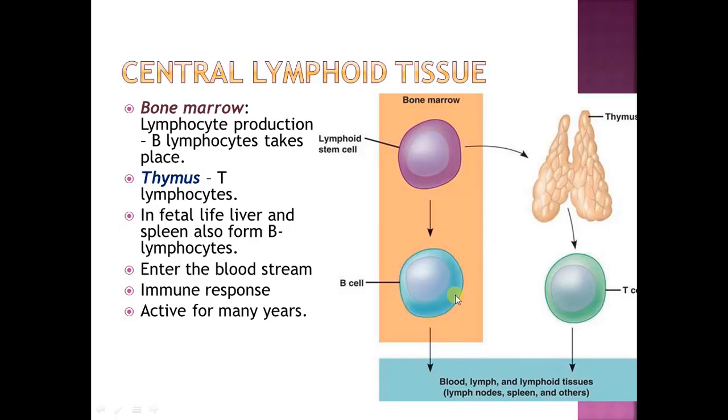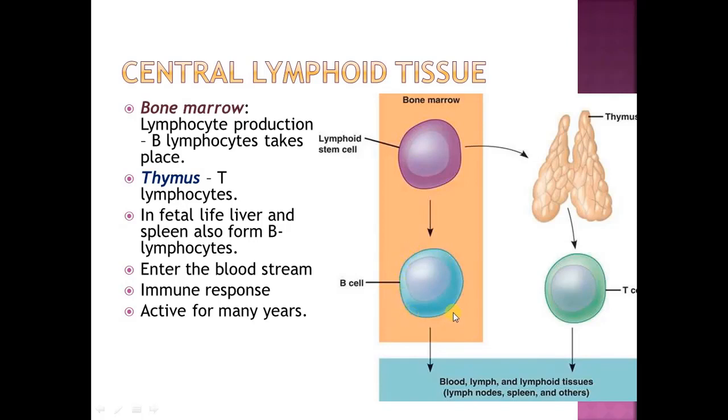When an immune reaction is necessary, they become enlarged and form plasma cells, and these plasma cells are going to produce antibodies. That is the humoral immune response. These antibodies are called immunoglobulins. Five types of immunoglobulins are recognized: IgM, IgA, IgG, IgD and IgE.